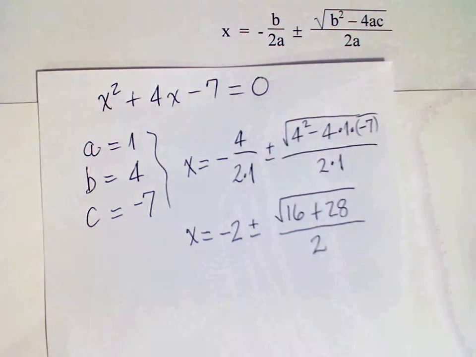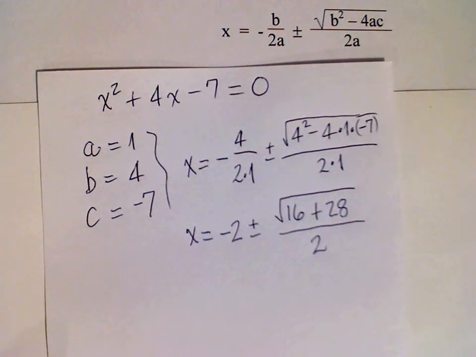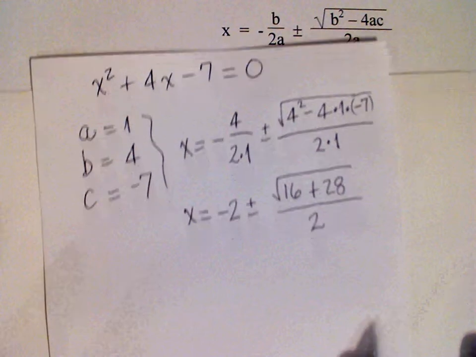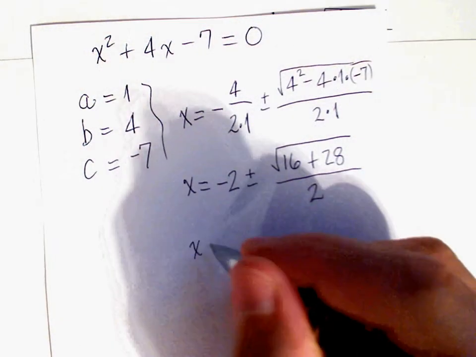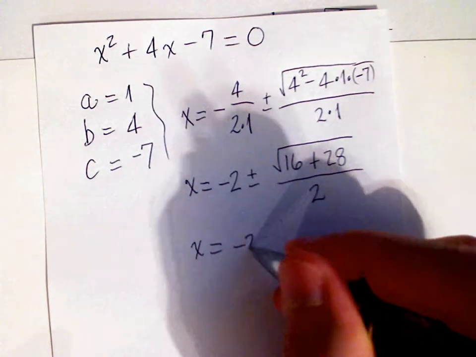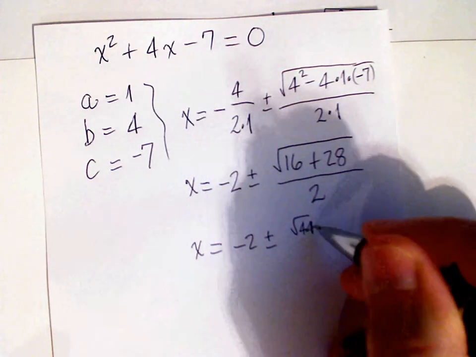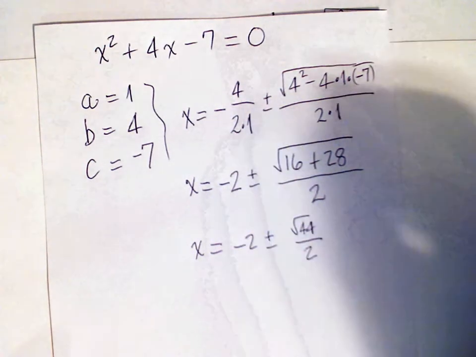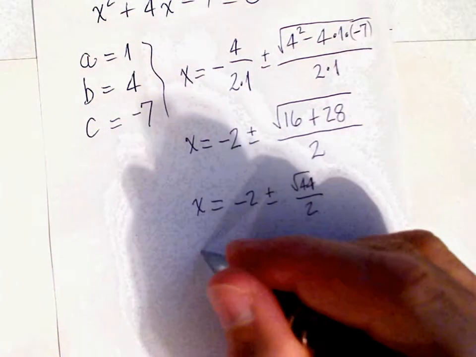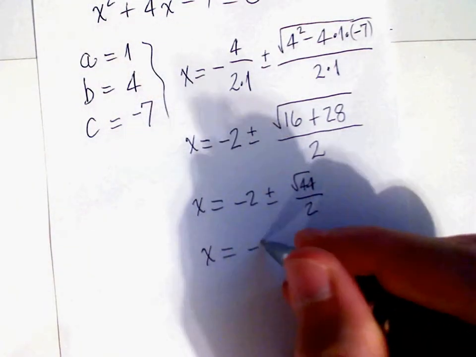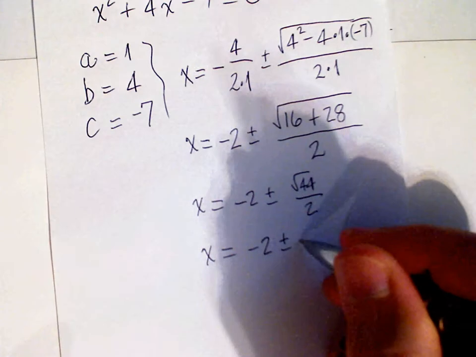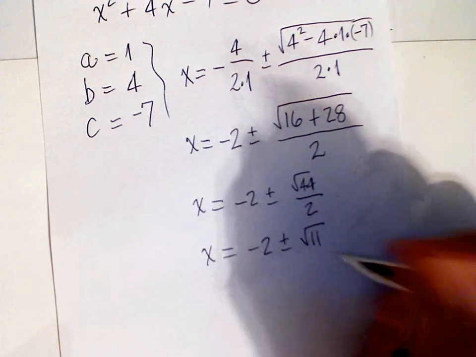And we have to divide that by 2. 16 plus 28 is 44. So that gives us -2 plus or minus root 44 divided by 2. And that will actually simplify to root 11.